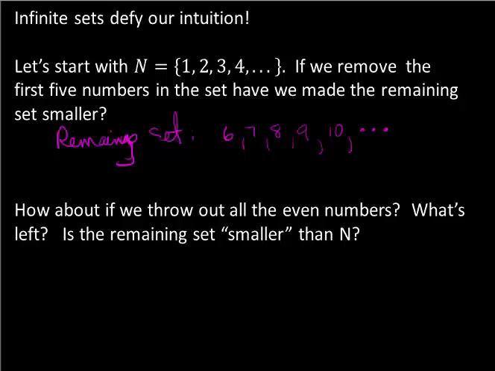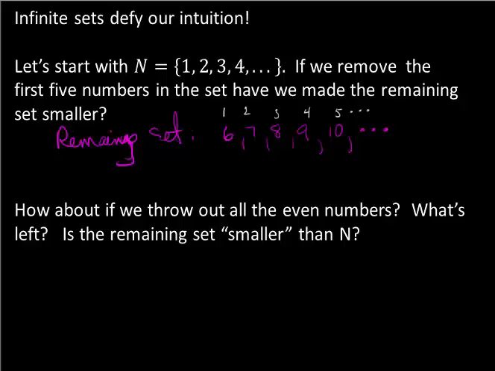Certainly in a finite set, if we have the set of 25 numbers and we throw out 5 of them, we're going to be left with a set with 20 numbers, a smaller set. But can we make a one-to-one correspondence between this remaining set and the natural numbers? Well, let's see. I'm going to put 1, 2, just little numbers here. And you see, there's a real easy way to set up a one-to-one correspondence.